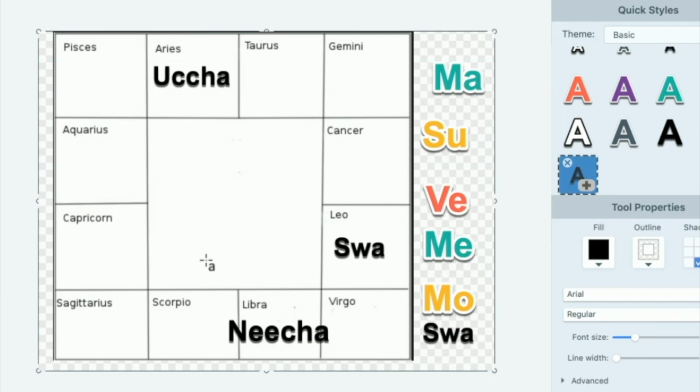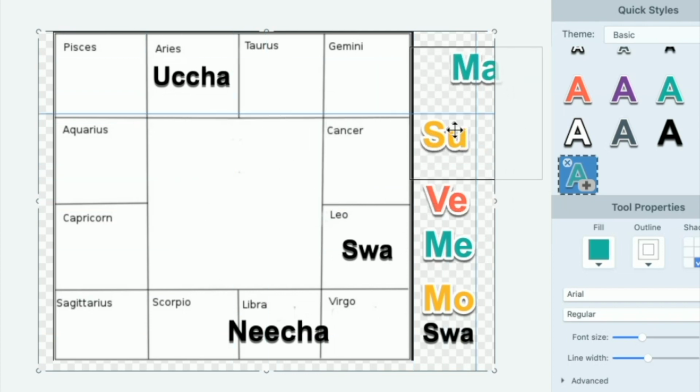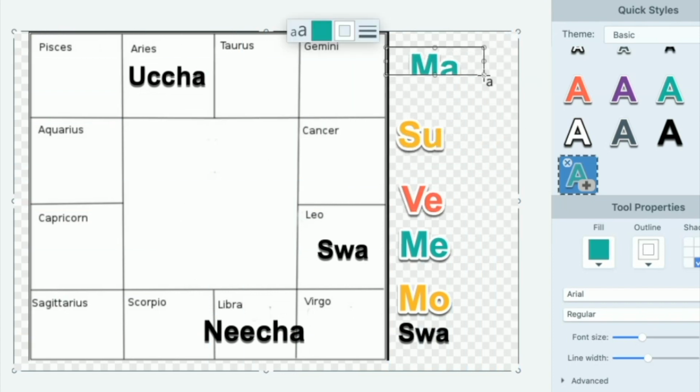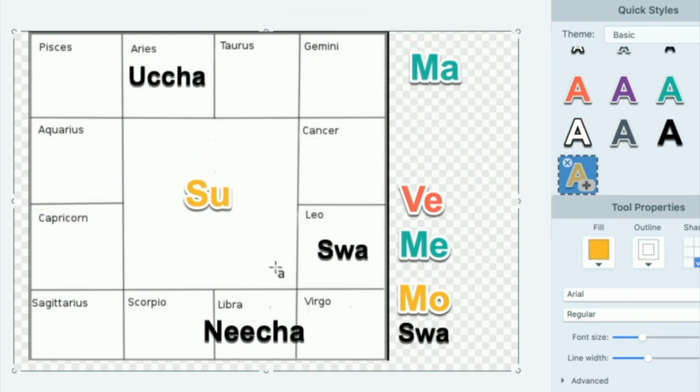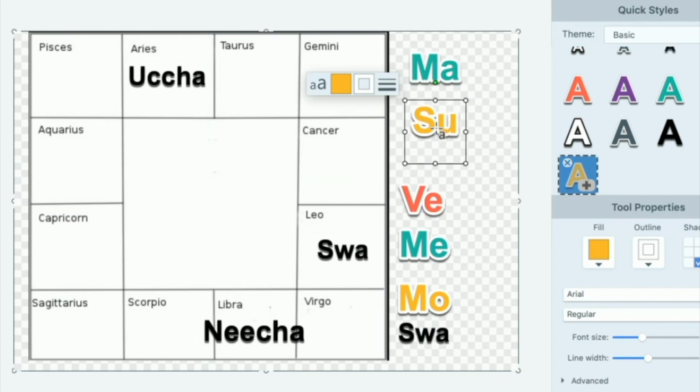The Sun owns only one house, Leo, and the moon only owns one house also. So the Sun is Ucha in Aries, Swa in Leo, and Nicha in Libra.